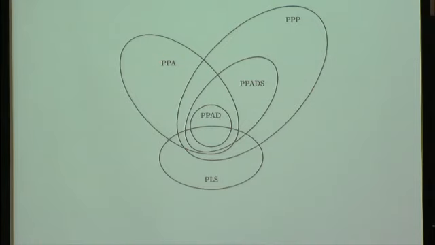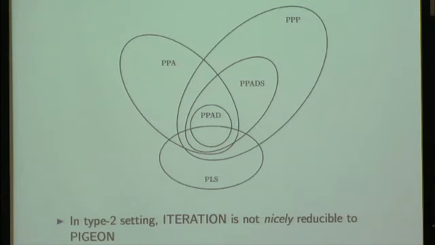In the case of PPP, there's no nice reduction from Iterator to Pigeon, where nice reduction means that if you start with a problem that has a unique solution, then what you have after the reduction is also something that has a unique solution. And on the other hand, we also know that the source or sink problem does not reduce to Iterator. So PPID is not contained inside POS.